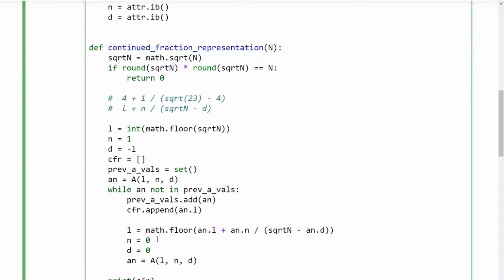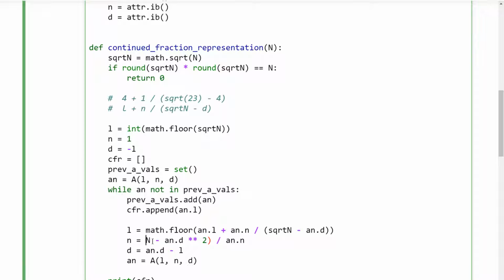First of all, we calculate D. D is simply... Actually, first we calculate N, and AN is N over N minus AN.D times squared. And then we divide it by the AN.N.